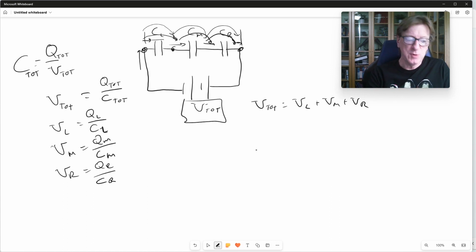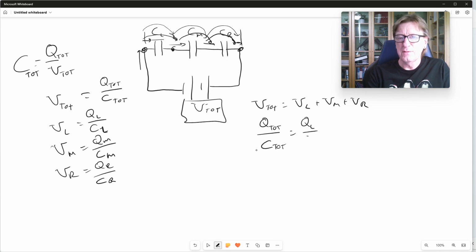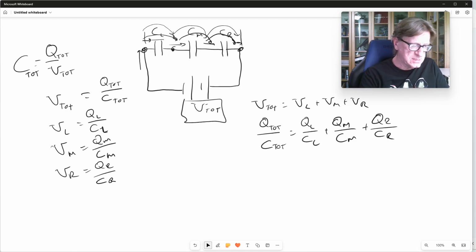Now let's take these expressions that we substituted in. That's what the next block in the microtask is asking you to do. So that's going to be Q total over C total, and then the same thing for the left, the middle, and the right. But we just decided that the current through all of these must be the same.